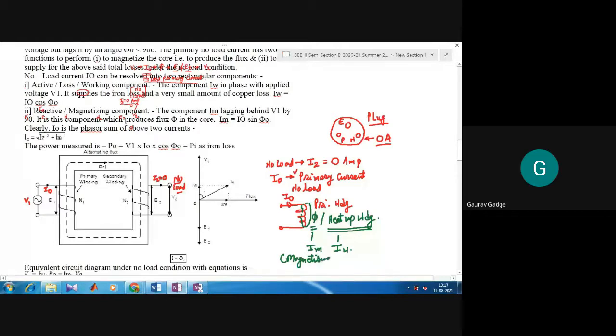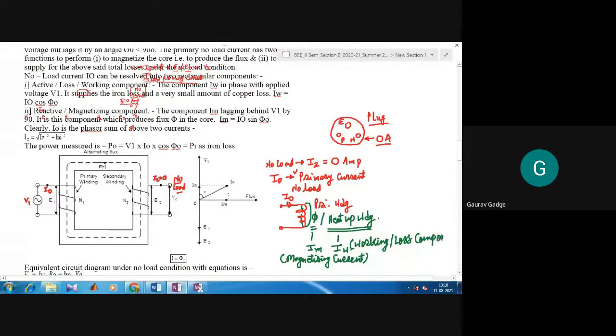IM stands for magnetizing current, which magnetizes that coil, because flux is developed. If flux is developed, the current which is responsible for developing that magnetization is the magnetizing current. And the other is the working component of current, or loss component of current.